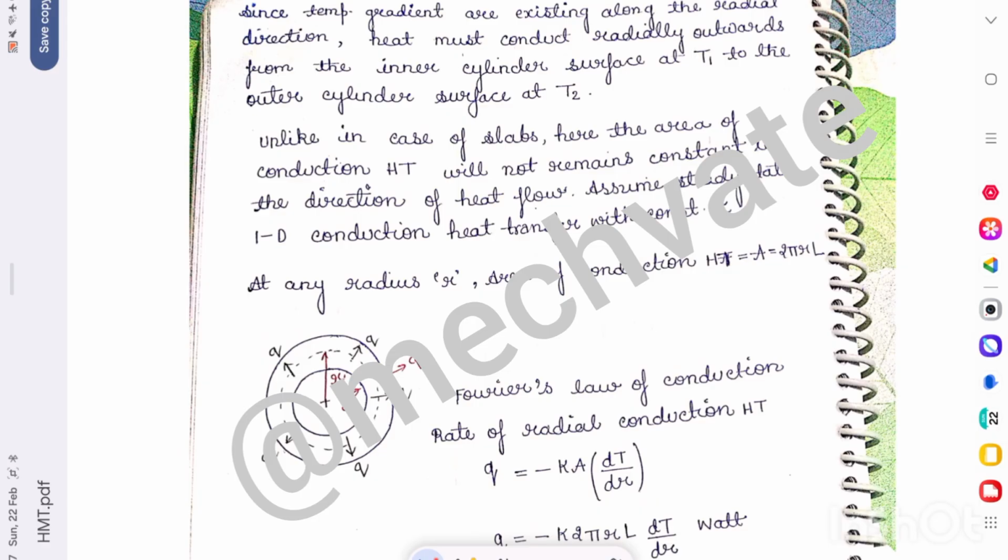Since temperature gradients exist along the radial direction, heat must conduct radially outward from the inner surface of the cylinder at T1 to the outer surface at T2, as I told earlier.